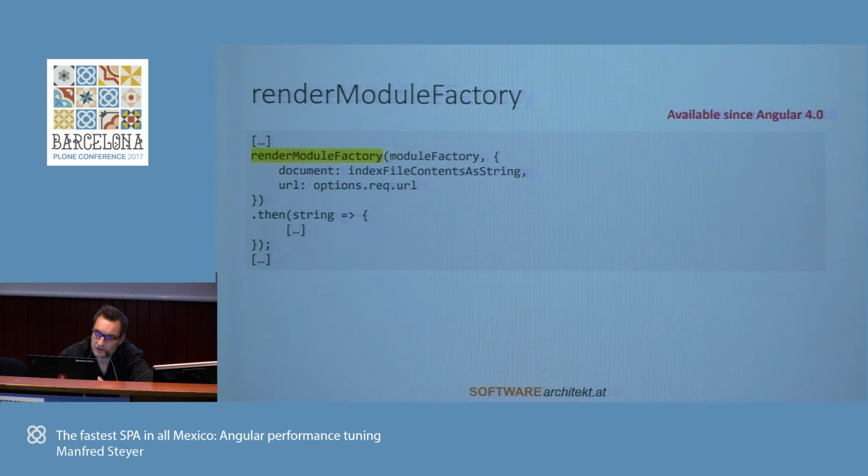You are also passing in the URL for means of routing, and then renderModuleFactory is just spinning up Angular. It is creating the first page, or the page that has been requested by this URL, and then the HTML for this page is sent to the then function of our promise.